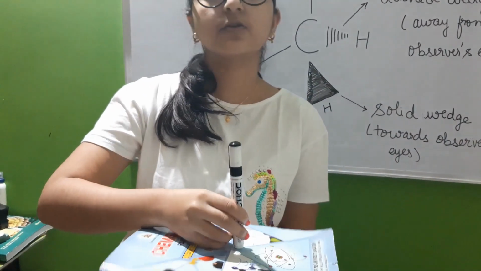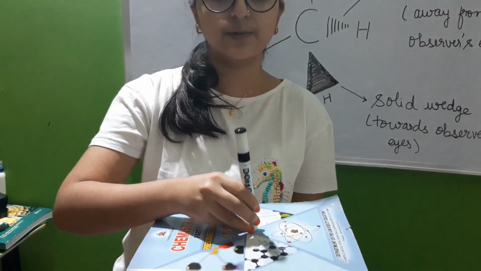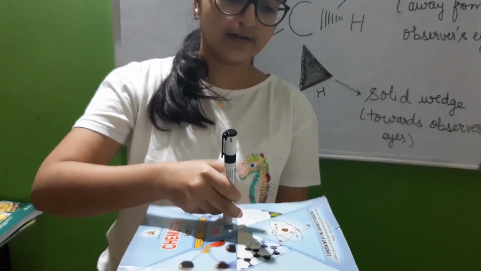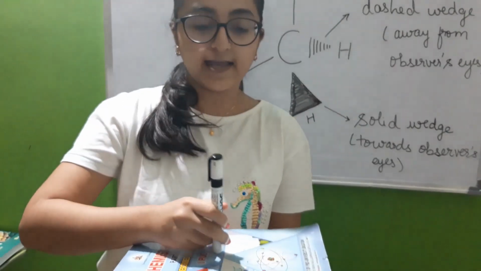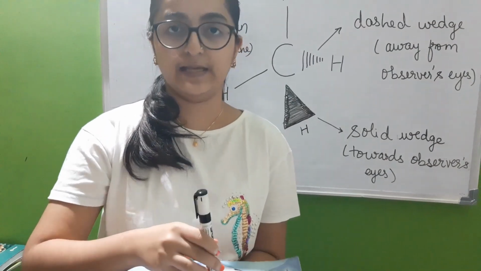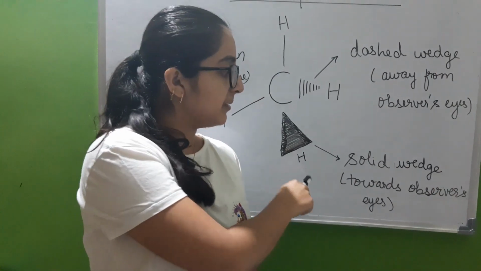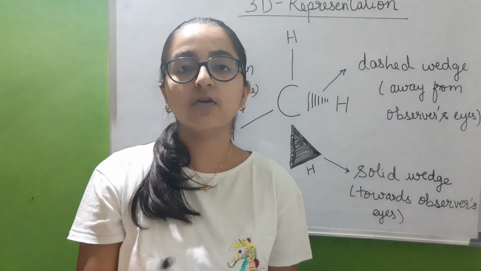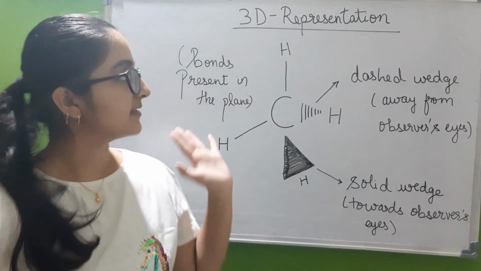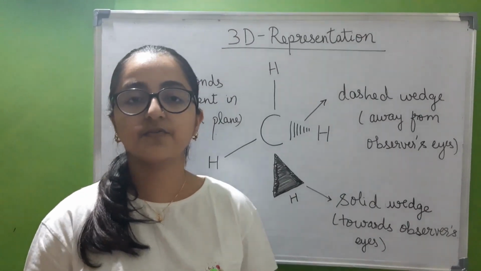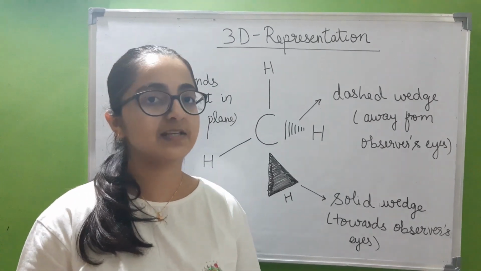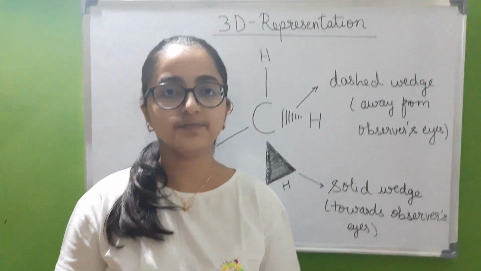So when I look into this molecule, I can see that this bond here, the carbon-hydrogen bond, very clearly, and it's towards my eyes. That's why it is known as a solid wedge, and it represents the bond formed with the hydrogen towards the observer. So this is the 3D representation of carbon molecules, and it's also known as the wedge dash model.